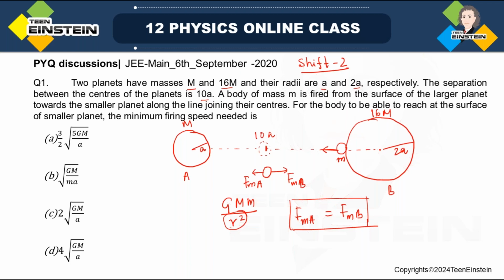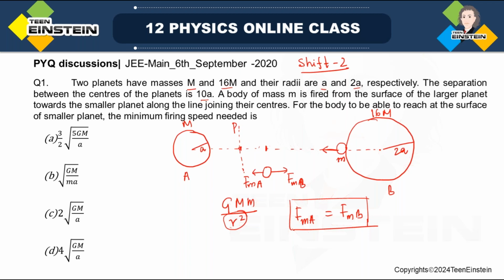If I just take that point to be here, let us say this is the point P. Okay, I can just draw a line also like this. So this is the point.